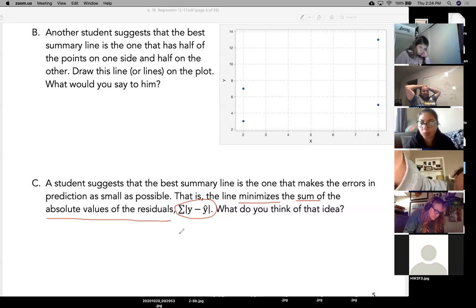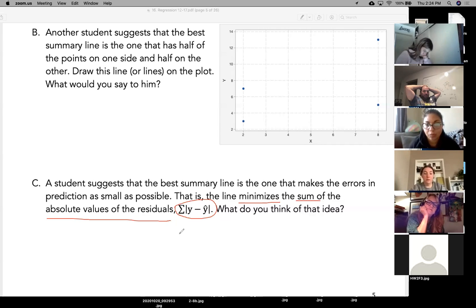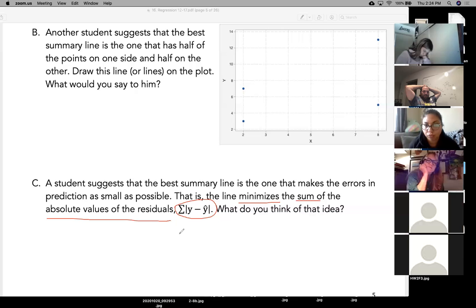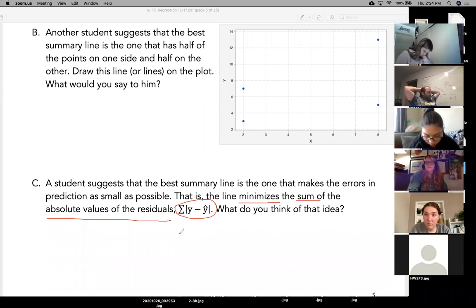Look at every line in existence and take the one whose sum of absolute residuals is as small as possible. What do you think about that idea?